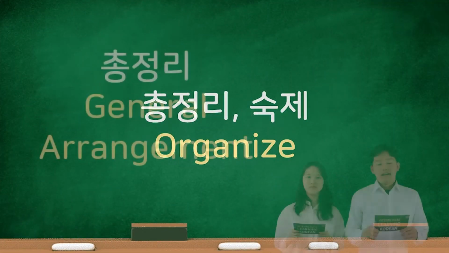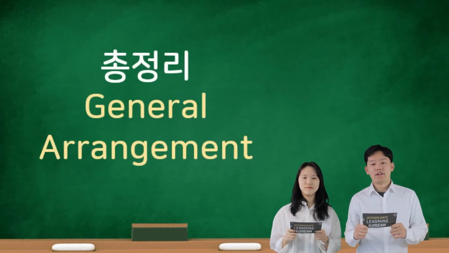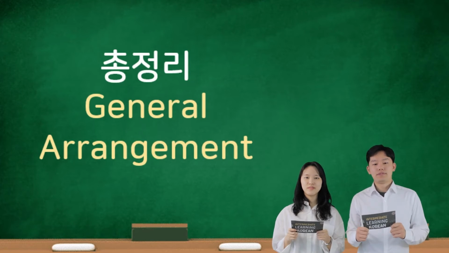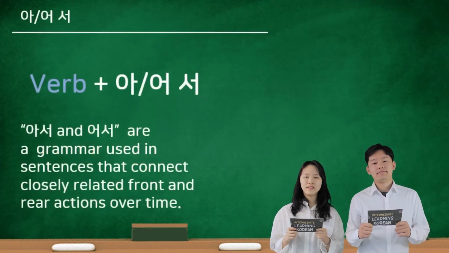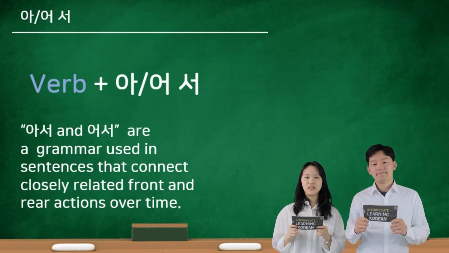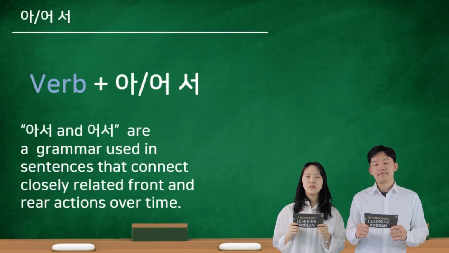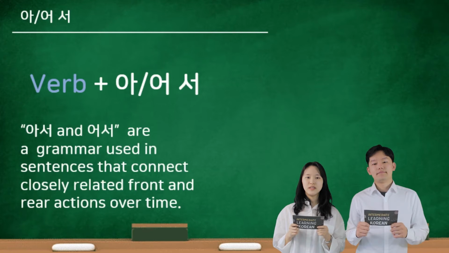The second sentence is 롤러코스터를 탔어요. In these two sentences, the second sentence is possible only when the first sentence is present. That's why it can be a sentence like 놀이공원에 가서 롤러코스터를 탔어요.